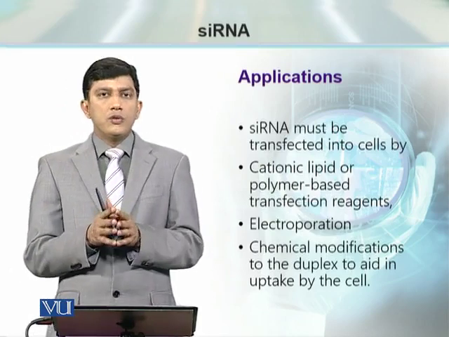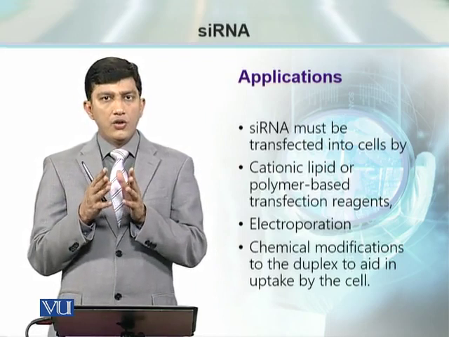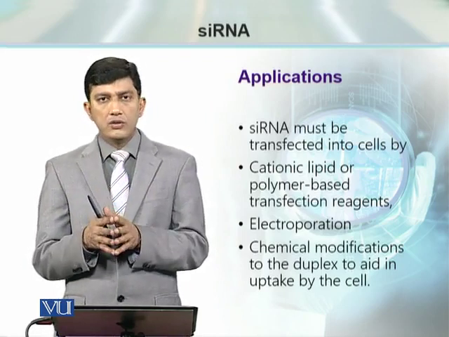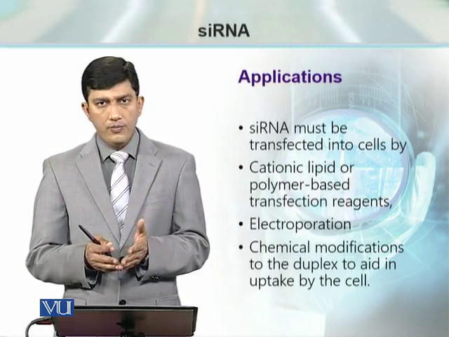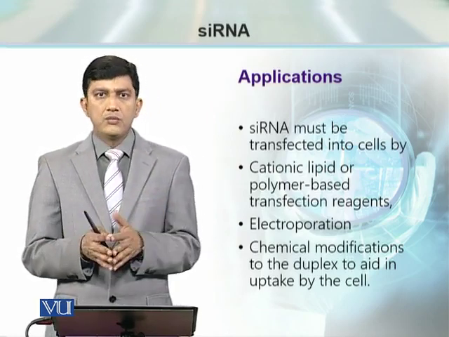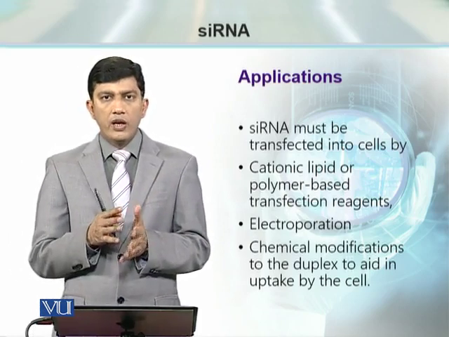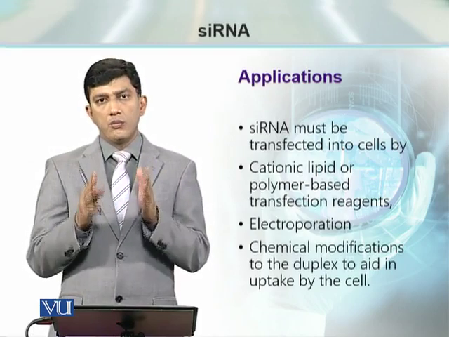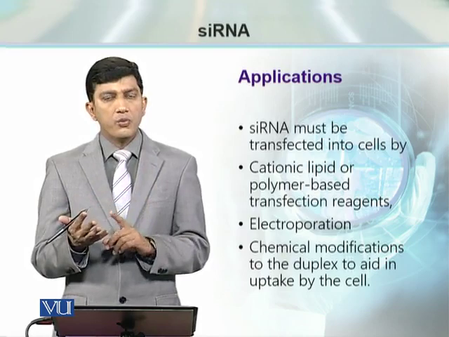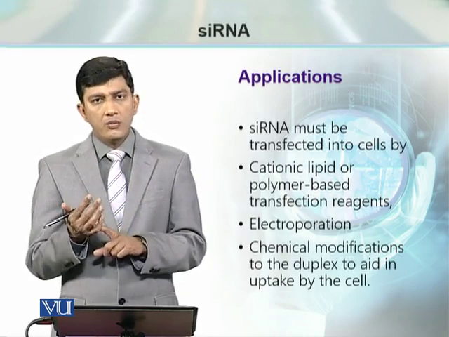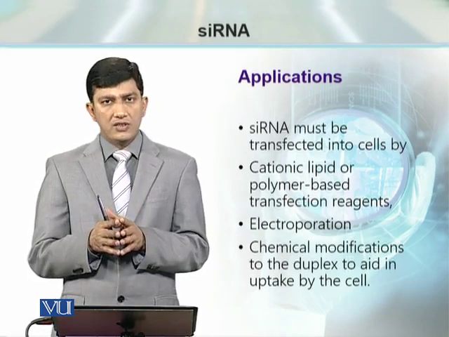When we talk about usage of siRNA, we should have some methods to introduce the siRNA into the cells. For that purpose, various methods can be used, and one has to decide keeping in view the target cells, the experimental conditions, and sometimes other factors during the experimental setup.